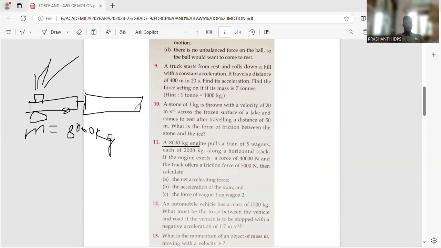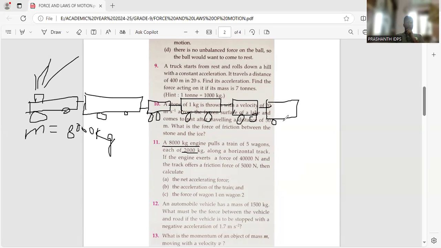Five more wagons: one, two, three, four, and also one more, five. So this train is pulling a total of five wagons, each of 2,000 kilogram. These are the wagons. Wagons are nothing but the boxes where we sit.